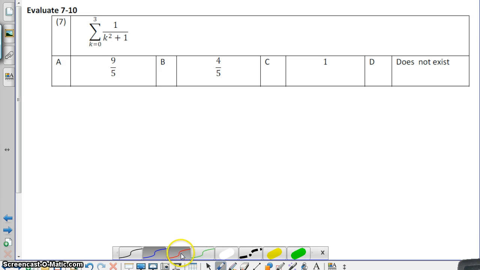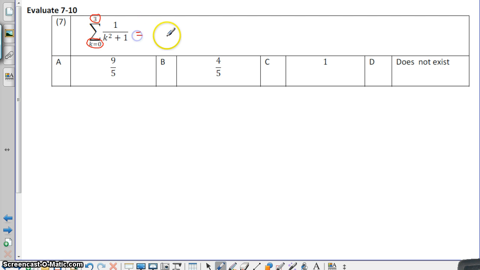Okay, series. These problems, a lot of you are just making this more difficult than it needs to be. This may look a little complicated, but if you notice, you're only going from k equals 0 to 3. So really, in this type of problem, they're just expecting you to plug in 0, 1, 2, 3, and just add them all.